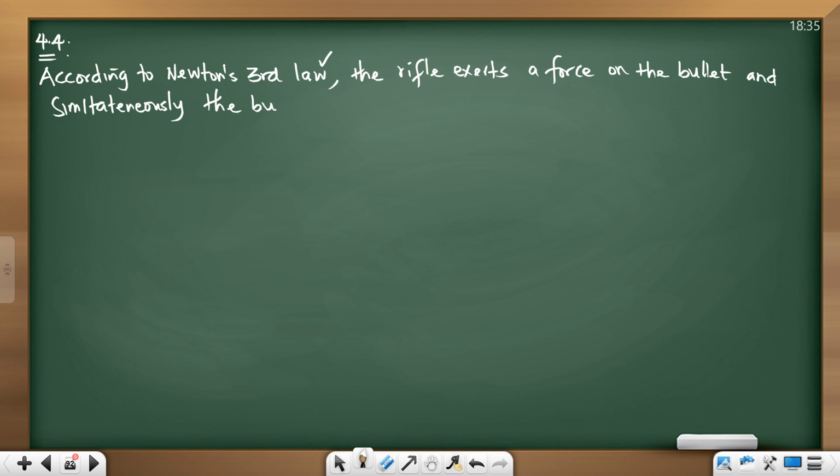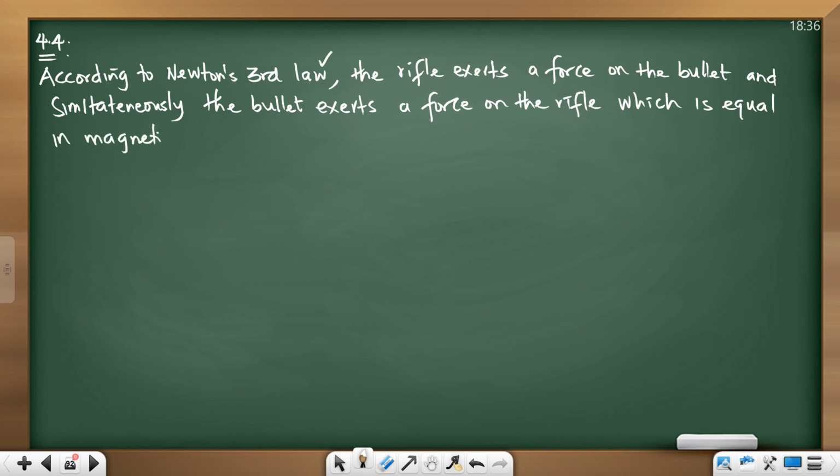The bullet exerts a force on the rifle, which is equal in magnitude but opposite in direction.